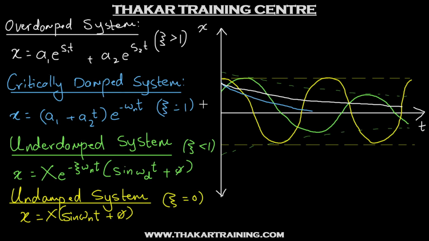If we have the same system with very similar initial conditions, one subjected to overdamping, other subjected to critical damping, one subjected to underdamping, and an undamped system, then what you will find out is that the critically damped system will stop moving in the shortest possible time. That is why essentially we are using damping to stop the vibrations. So a critically damped system is the one which reaches equilibrium in the shortest possible time. That is what is found out.